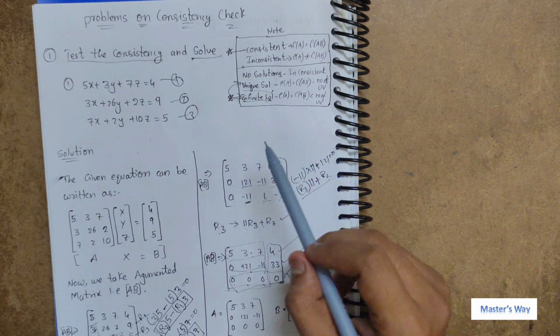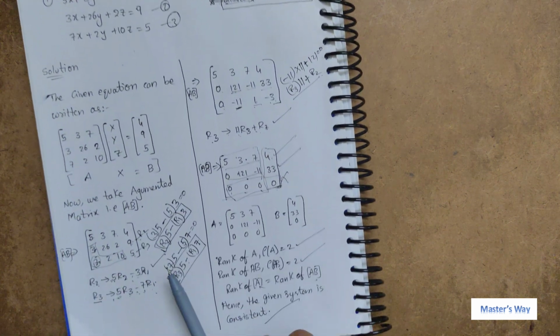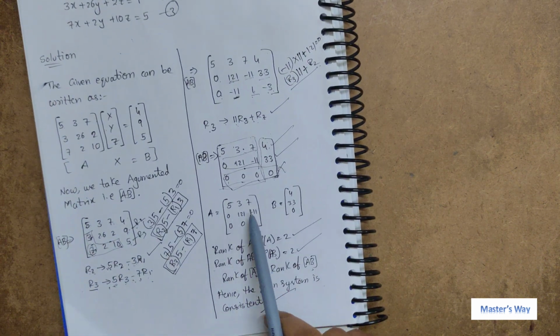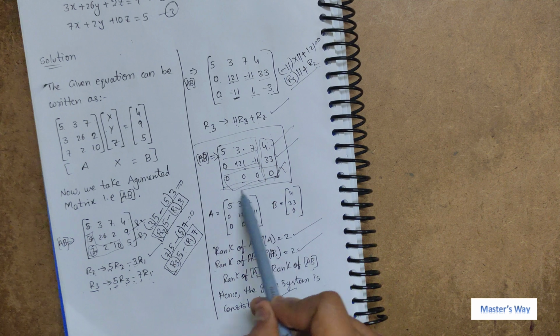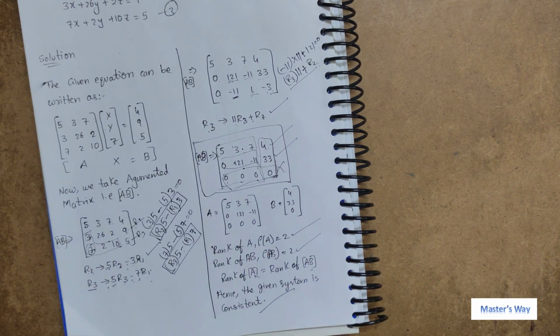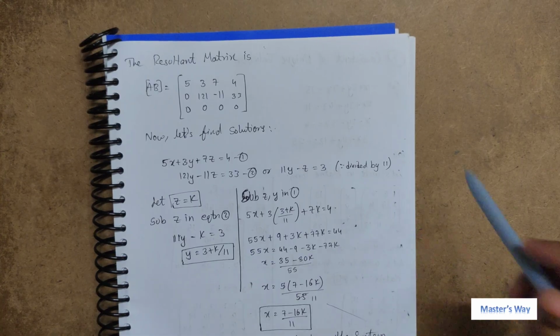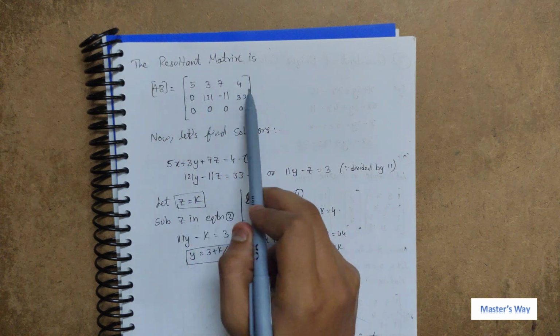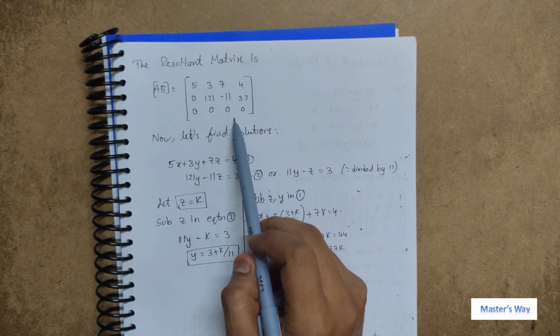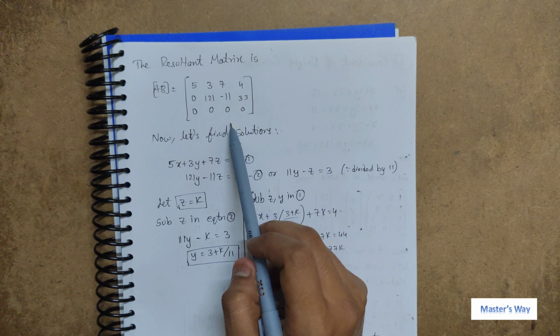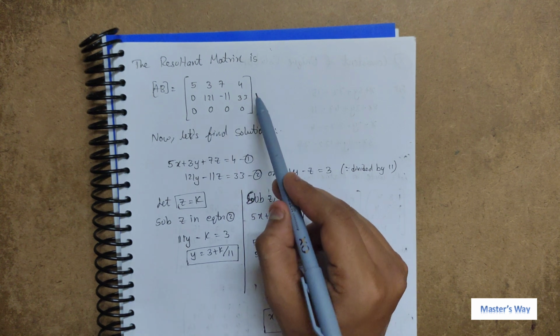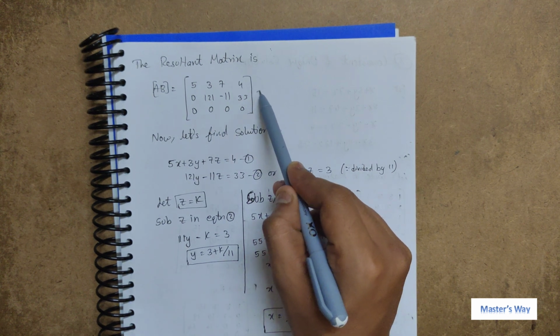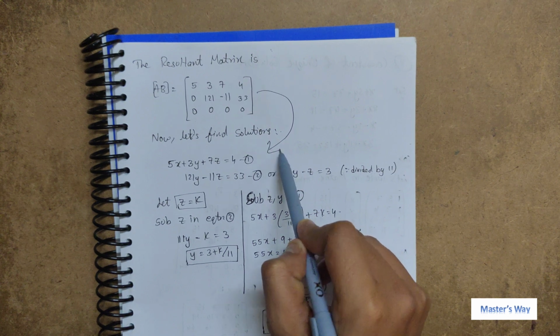What are those? Let's take the resultant matrix 5, 3, 7. This matrix I will take, and let's try to solve for the solutions. Okay, now I have taken the resultant matrix, same matrix. Now we will see how to find the solutions. Before we find solutions, we need to convert this matrix form into a system of linear equations.